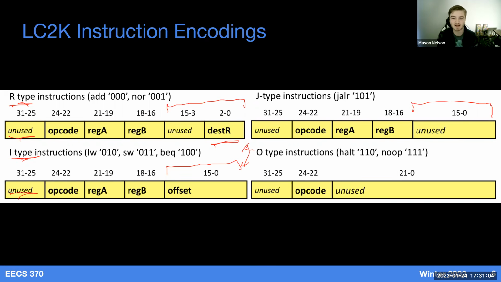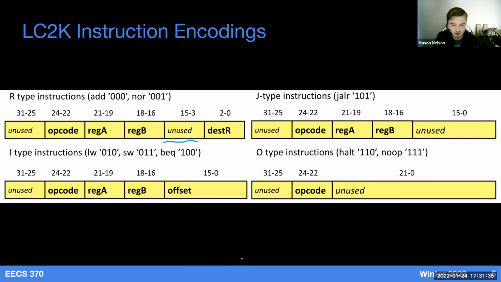You can handle them the same way in Project 1S because all these bits 15 through 3 for R-type instructions are going to be completely zeros. So when you see unused, that means 0. If they're all zeros, and we know that a number with a bunch of leading zeros is the same as whatever the number was, we can just treat them the same way. We could treat it almost as a 16-bit number.